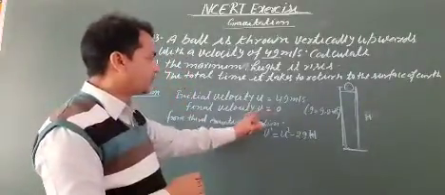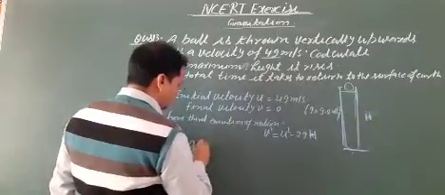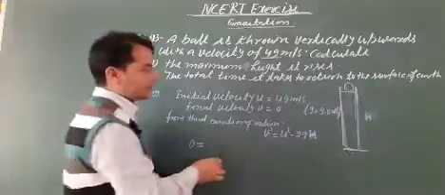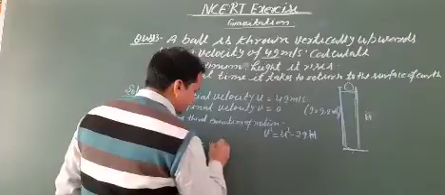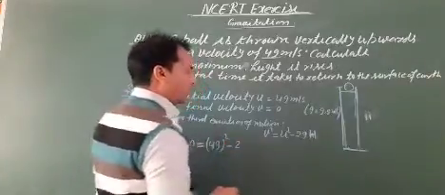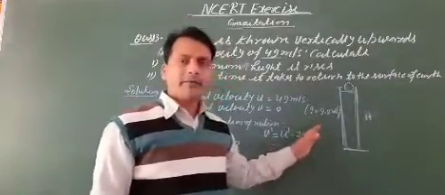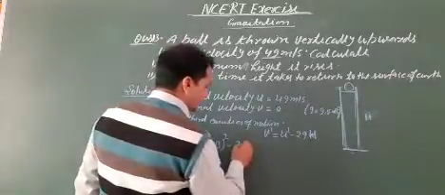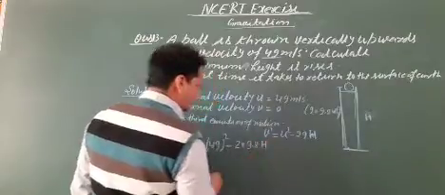Put the final velocity 0 equals, and the initial velocity is given here, 49 meter per second, so 49 square minus 2 into 9.8 meter per second square into h.